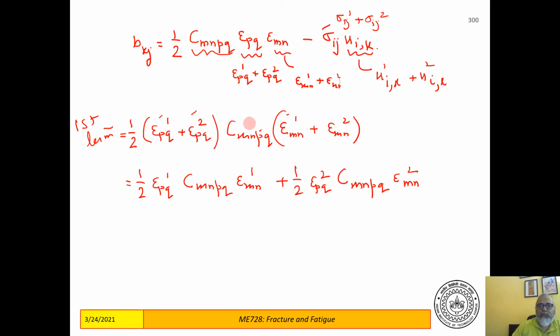So this times this times this, and then you will have two more terms which will be cross terms.